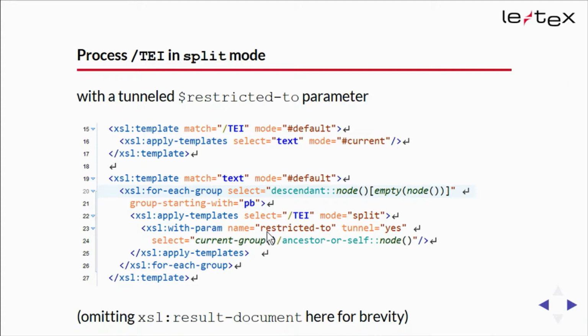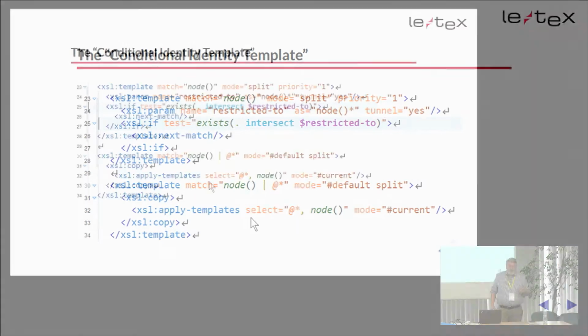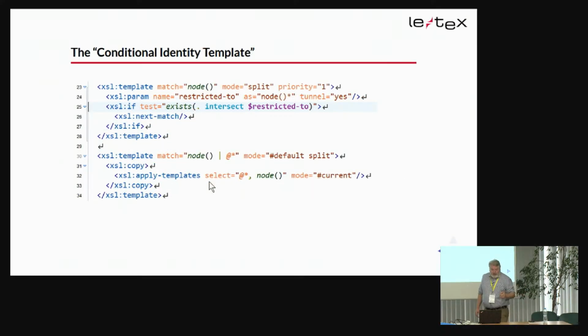And then for each group, so 5 times in this case, we will process the top level element again with this restriction. The tunneled parameter will be picked up by what I call the conditional identity template in this split mode.